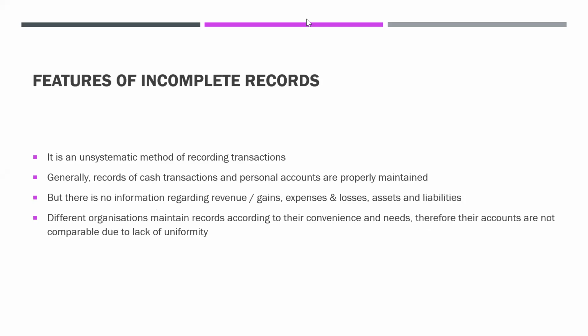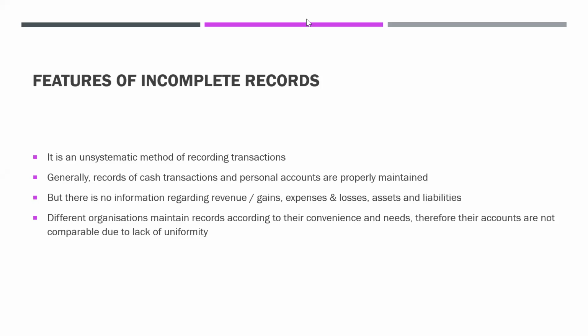So as I told you, incomplete records is an unsystematic method of recording transactions. Generally, records of cash transactions and personal accounts are properly maintained. So much cash went out, so much goods are sold to this person, recorded on a daily basis.